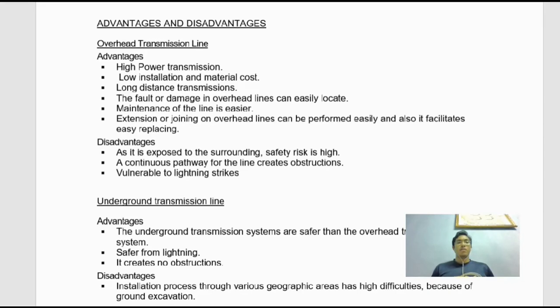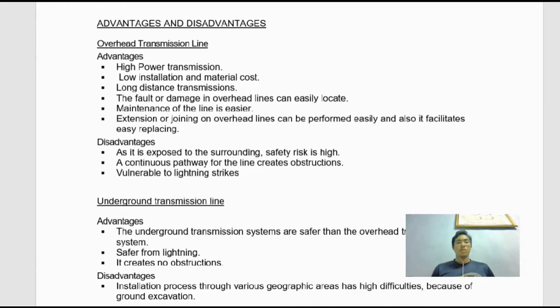Then I'm going to show you the advantages and disadvantages of the transmission line. For the overhead transmission line, the advantages are that it has high power transmission and low installation and material cost.